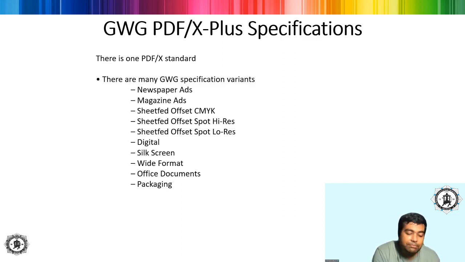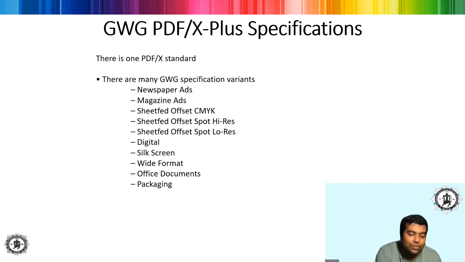So that is why PDF/X, being an international standard, cannot be very specific about all these parameters, because it caters to a global audience of printers and workflow makers. But the problem with this situation is that people sometimes face various difficulties.